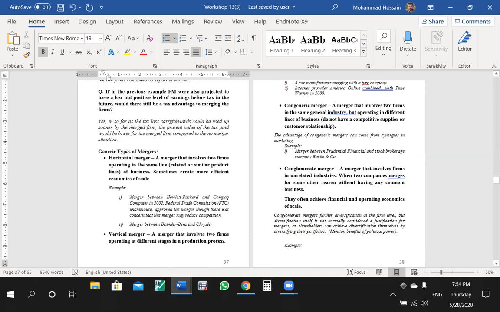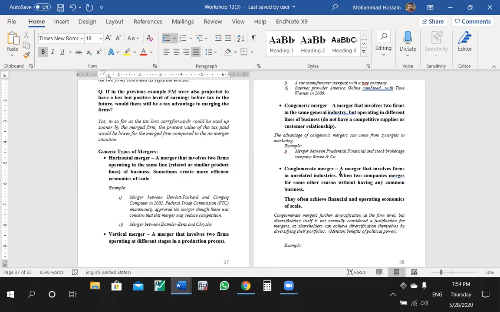And congeneric merger, a merger that involves two firms in the same general industry, but operating in different lines of business. Same industry, different line of business. For example, in a car, they are not competitive to each other. Let's say one is producing a tire of a car, another company is producing a screw of a car.